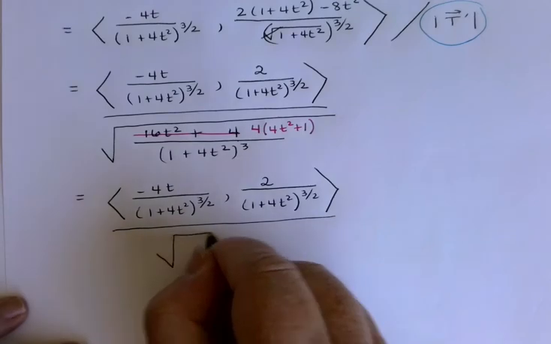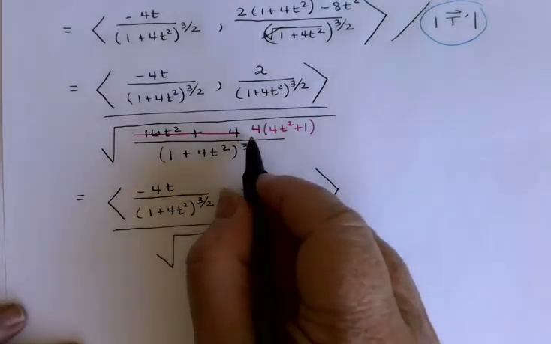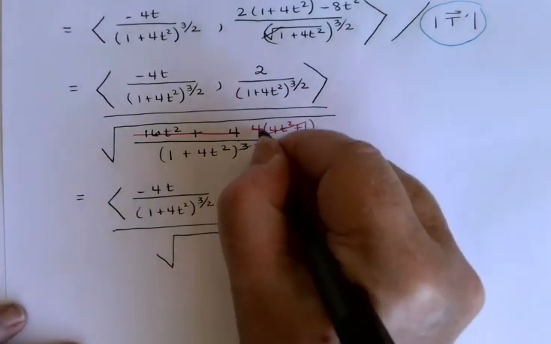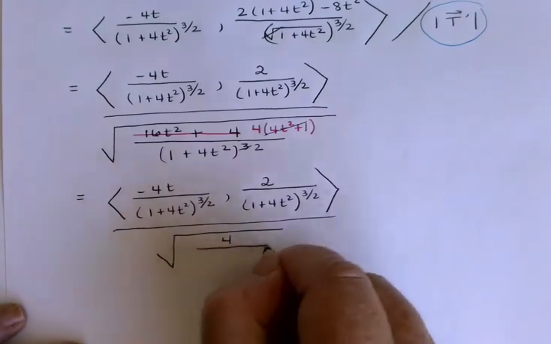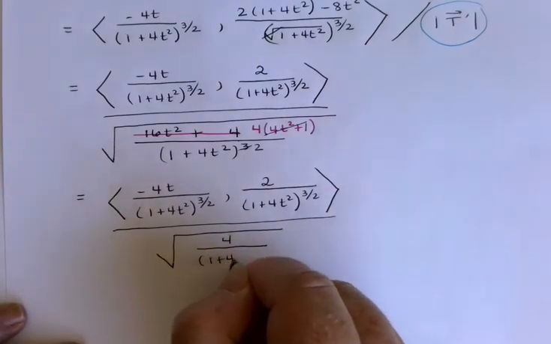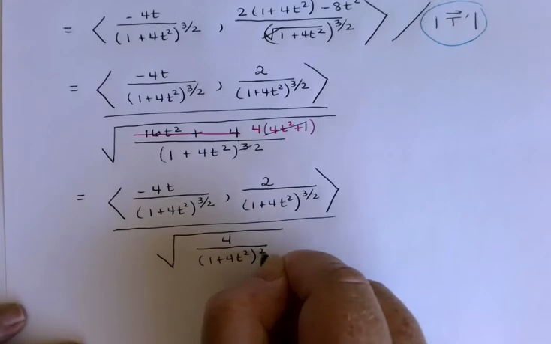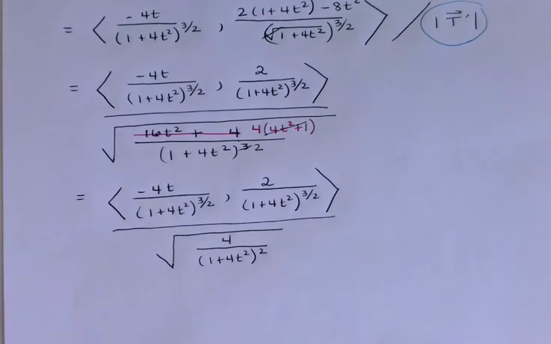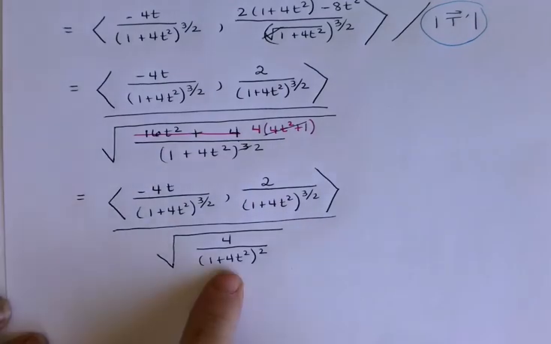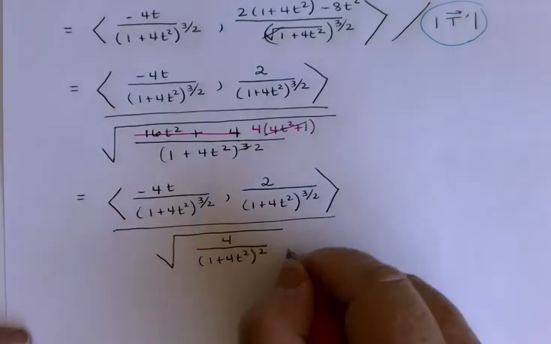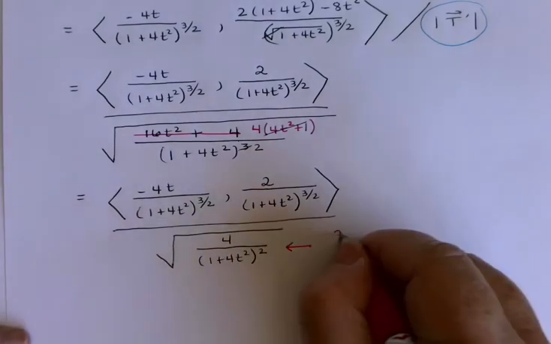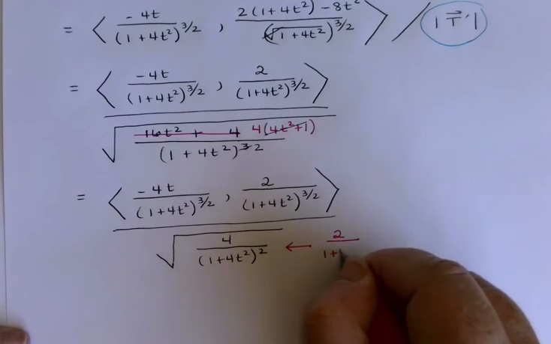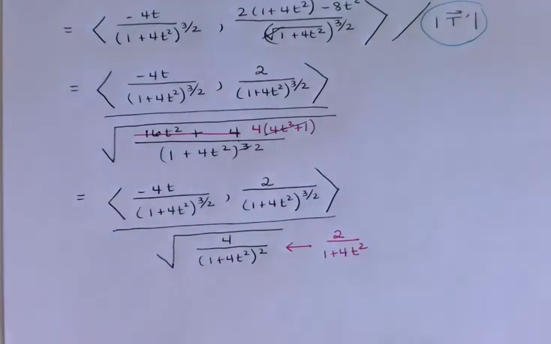And so my denominator now is just the square root of 4 over 1 plus 4t squared, squared. Well, that's a perfect square. So this denominator is really 2 over 1 plus 4t squared.